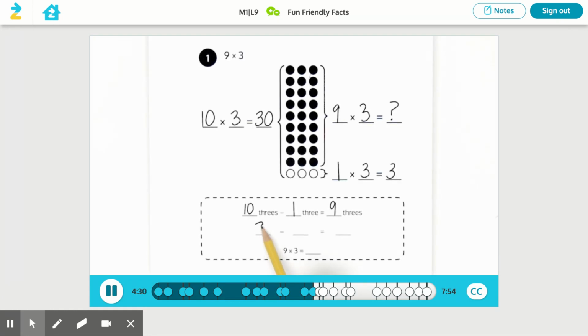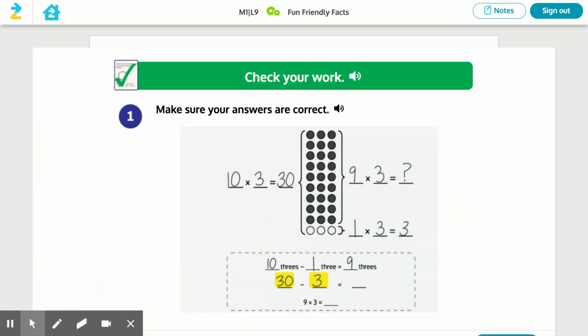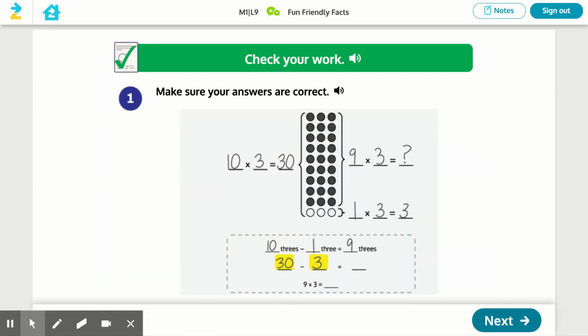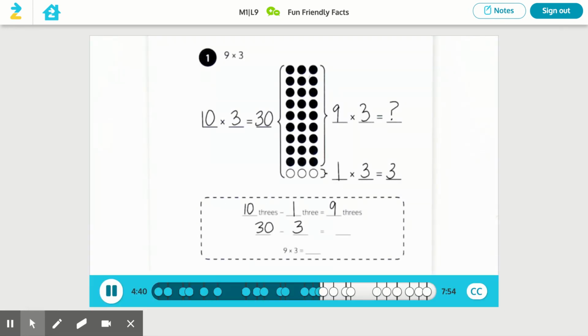10 threes equals 30. 1 three equals 3. Check your work. All right, if you need to pause the video now to check your work or update any of your thinking, please ensure that we do so. Let's solve now.